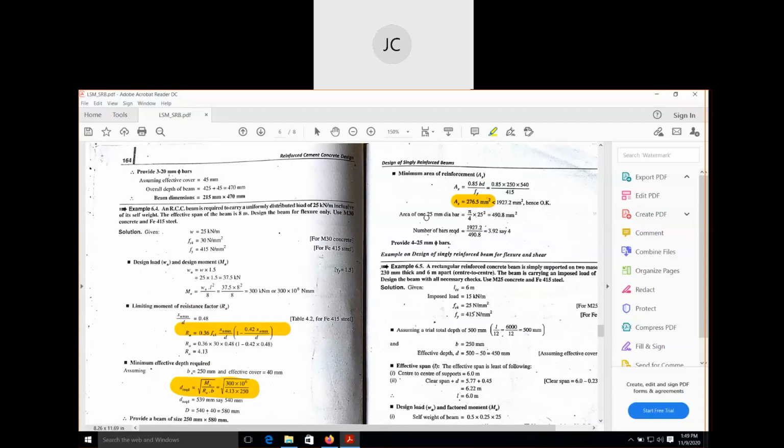If we provide 25 millimeter diameter bars, we can find the number of bars by this formula, total area divided by area of one bar. In this question around 4 bars are required. Therefore finally we will provide 4 numbers of 25 millimeter diameter bars. That is the conclusion for this problem.